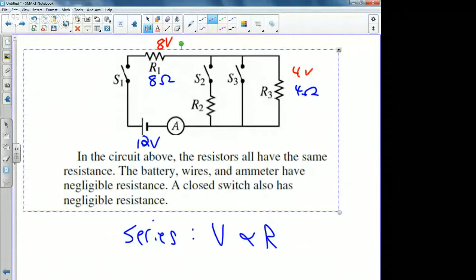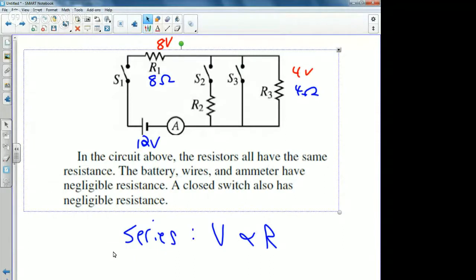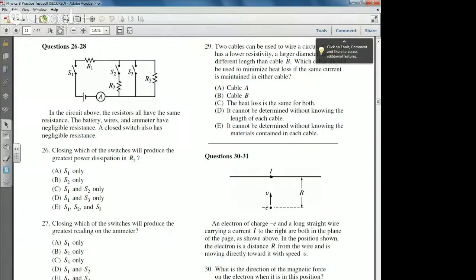The size of the resistor is proportional to the size of the voltage it claims. So overall, we want the resistance to be as large as possible, so you want to ignore the parallel circuit, and you only close switch 1. So that's the answer for 28.